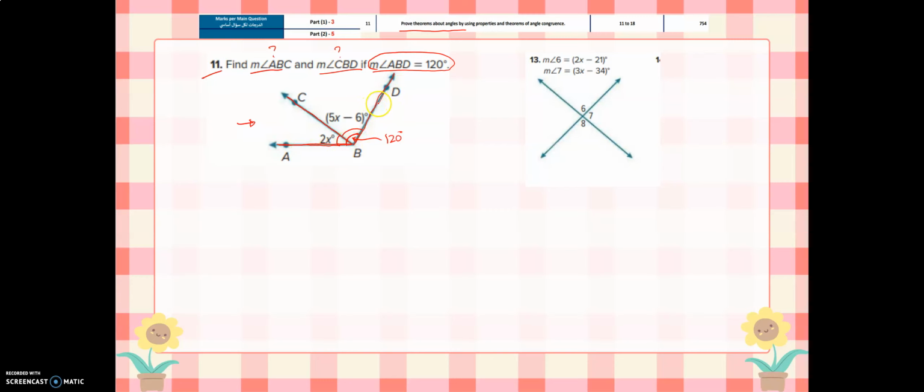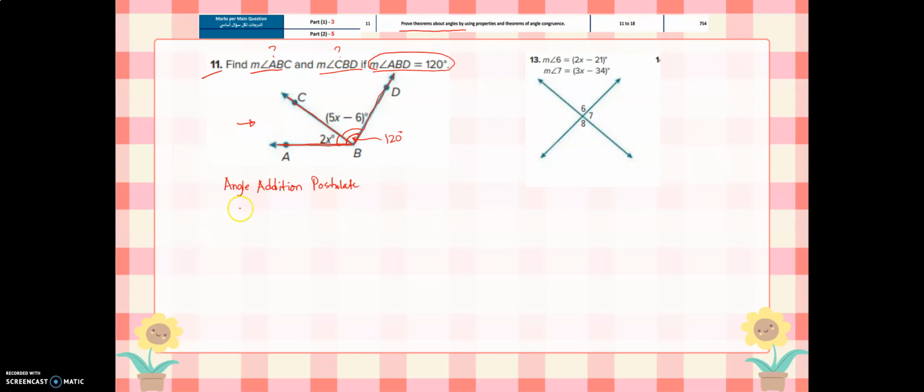So in this kind of illustration, we can think of using the angle addition postulate to solve for the measure of each angle.